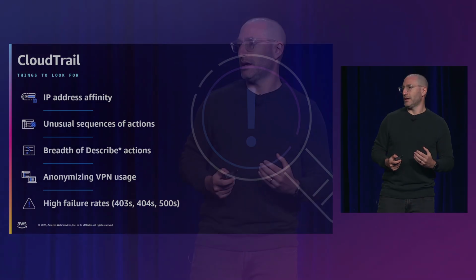And then a great indicator for so many different types of threat analytics is just high failure rates. Threat actors need to research, they need to understand what they have access to, what they don't have access to. So when you start seeing lots of 403s, 404s, 500 responses in CloudTrail or in your service application logs, that's an indicator, a breadcrumb of, hey, something is failing a lot, someone doesn't have access or is doing something unusual.